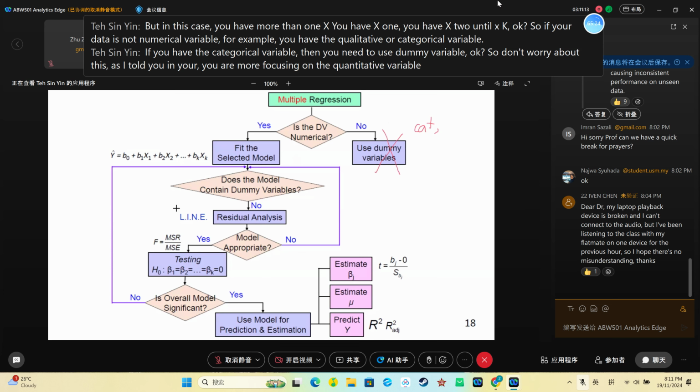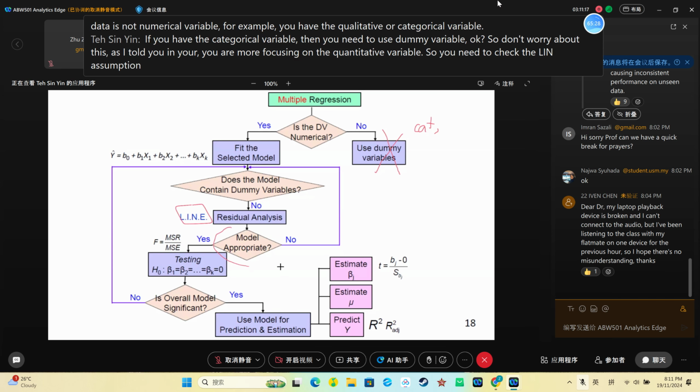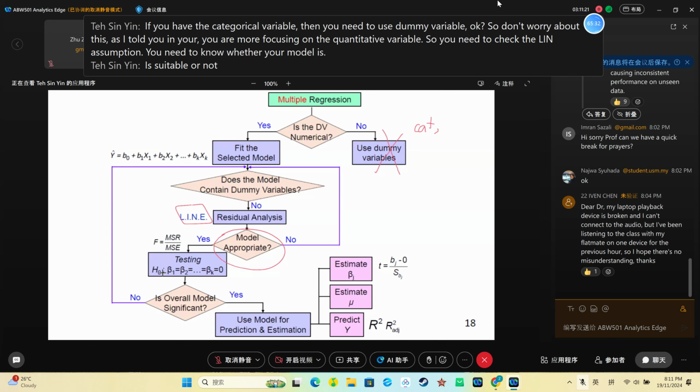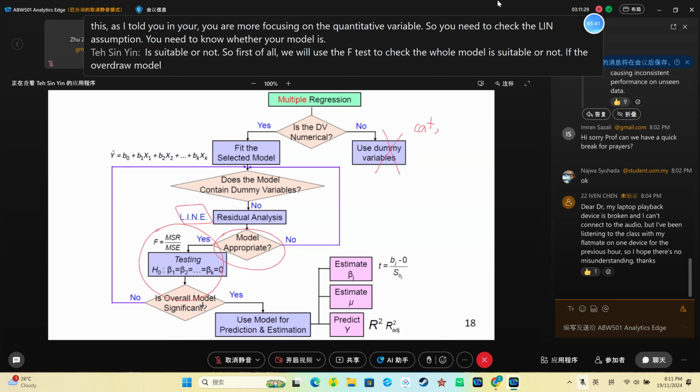So you need to check the LINE assumption. You need to know whether your model is suitable or not. First of all, we will use the F-test to check whether the whole model is suitable or not. If the overall model is significant, meaning this is your model, that means you can use it for prediction.